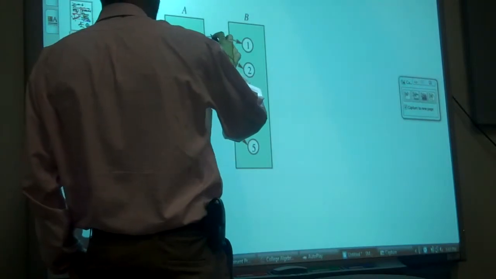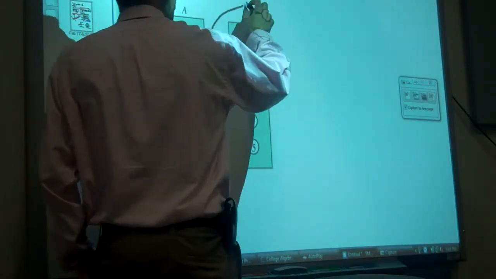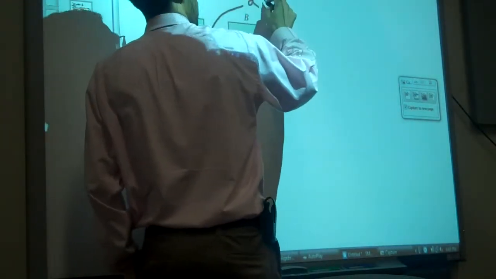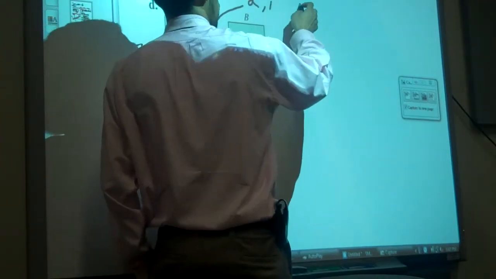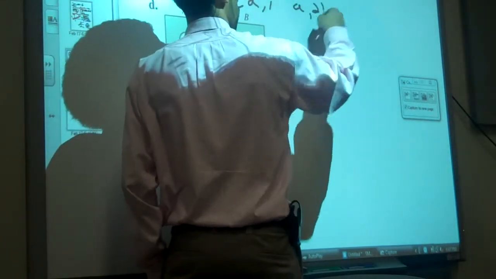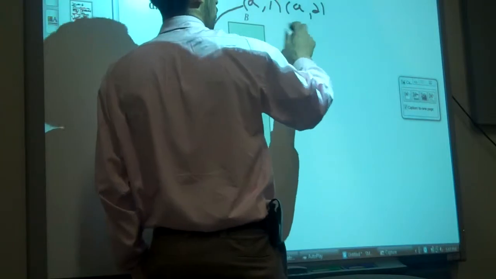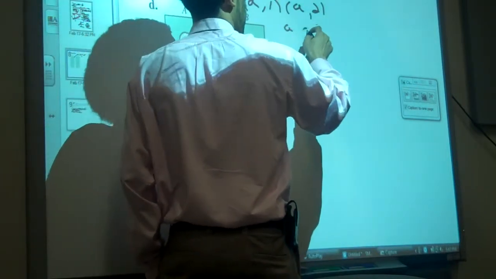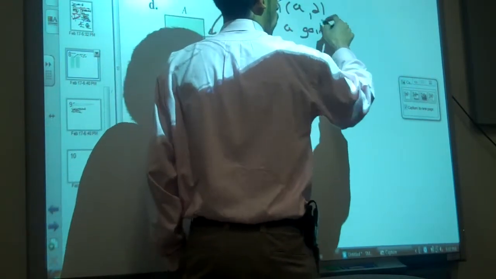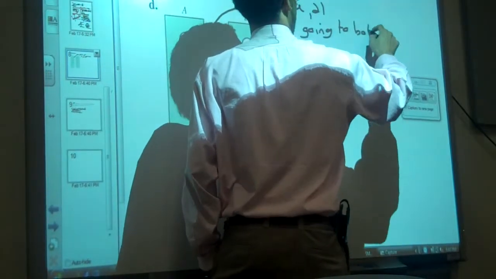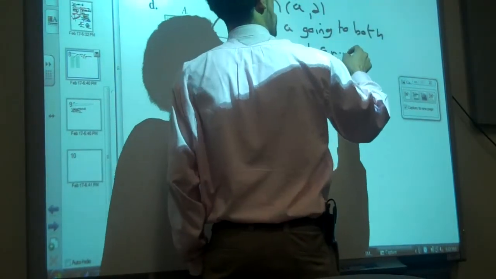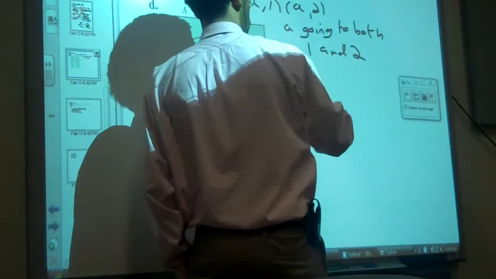It's supposed to be exactly one. A is going to 1, and A is going to 2. It's not a function.